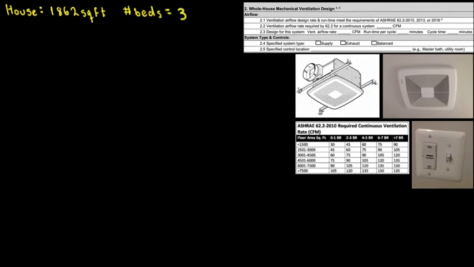So in order to calculate the fresh air required, they also call it outside air, and they also call it ventilation airflow rate.